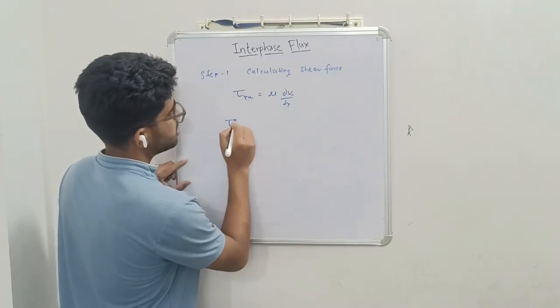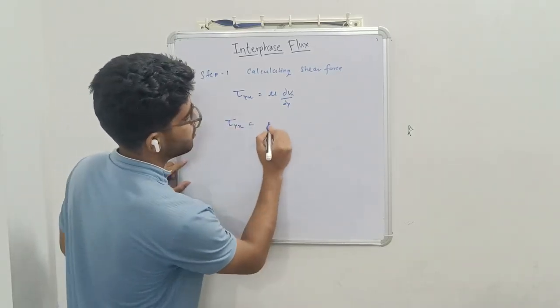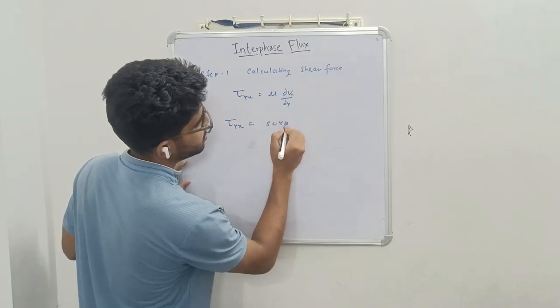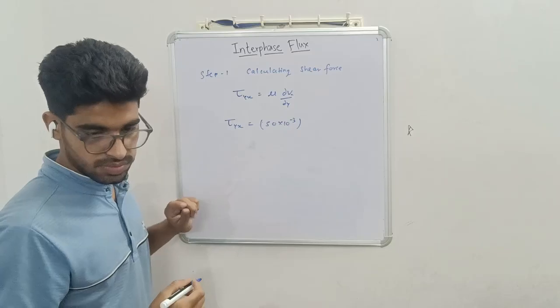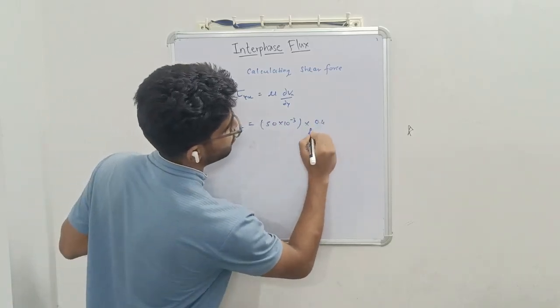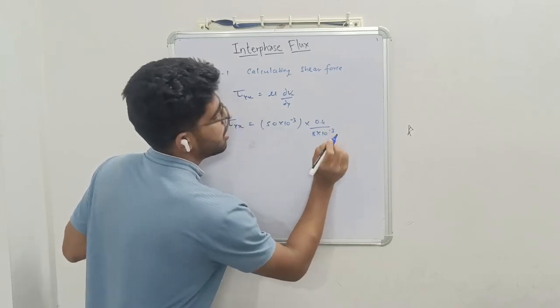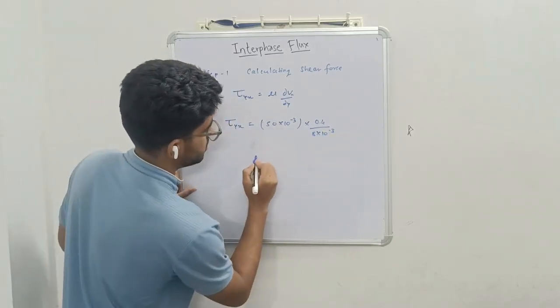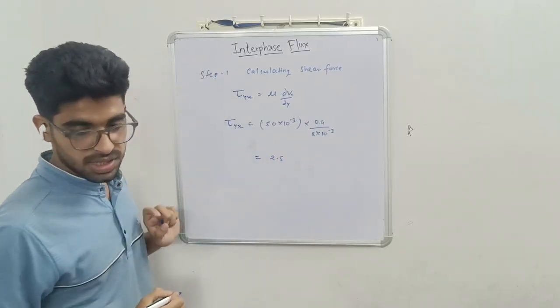Now putting the given data. Tau yx is equal to 50 into 10 to the power minus 3, that is mu, times velocity upon distance. After solving this, we are getting 2.5 Pascal.